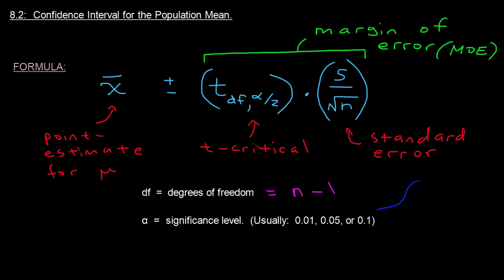So I want to draw a picture to help illustrate this. If this was a t-distribution with some degrees of freedom, zero in the middle, alpha is typically a small area in the tails. But because it's in the two tails symmetrically, I'm not going to label this alpha, but it's going to be alpha split in half.